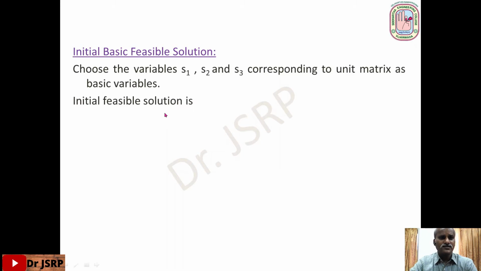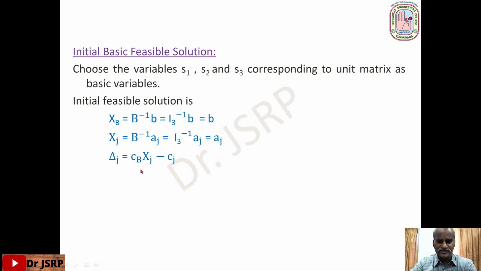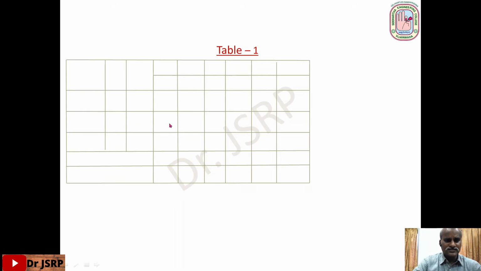Then the initial solution is xB equals B inverse b, as usual in the regular simplex method, and the vector Xj equals B inverse aj, and the scalar delta j equals cB xj minus cj. Write in tabular form. Take this structure of the table: first column basic variables, second column their cost cB, third column solution xB, then vectors x1, x2, x3, s1, s2, s3.